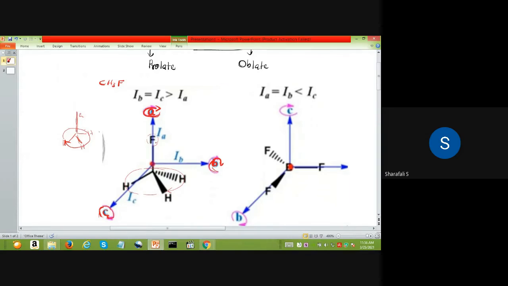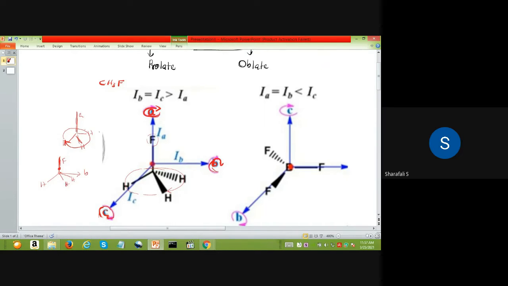But when you consider the axes B and C, we have rotation of the entire molecule. For example, if you consider axis B, then we have 3 hydrogens and 1 fluorine also, because fluorine is not on that axis B. So we have to consider that the center of mass of this particular molecule is near the fluorine atom, because fluorine has more mass.